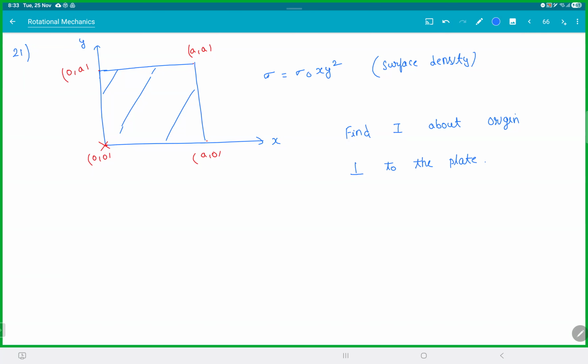Did you get the question? So the axis is about this line. So the whole plate is rotating in this direction. So find the moment of inertia about an axis perpendicular to the plate and passing through the origin.